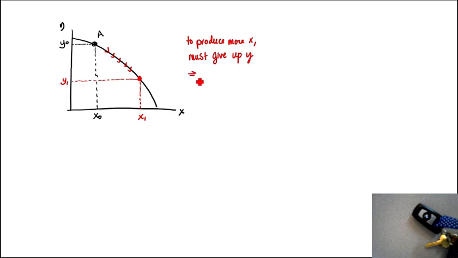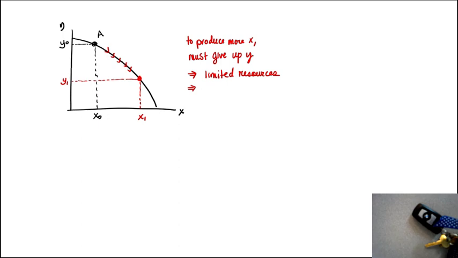Can somebody explain to me why that's the case? Yeah, you only have a limited number of resources. So we've got limited resources. And what else do we know about our resources along the PPF?